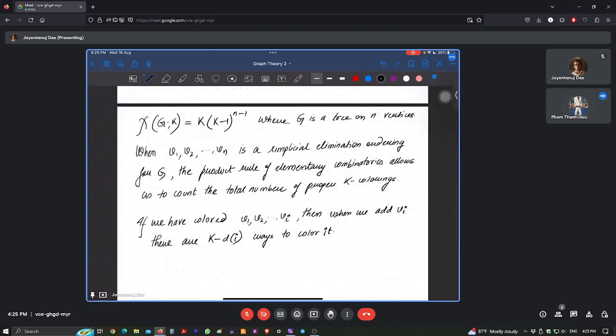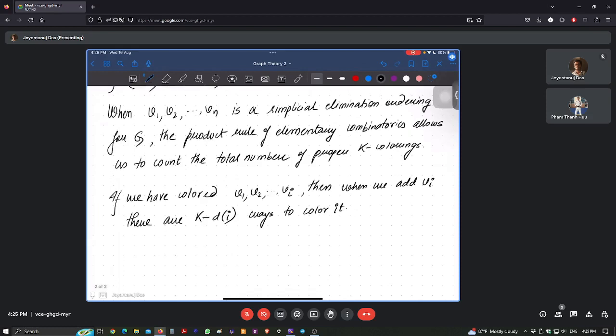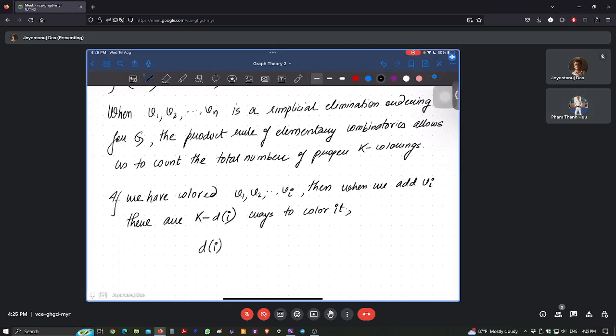So what is d_i? This d_i is nothing but the neighborhood of vi intersected with v1, v2 up to vi minus 1.